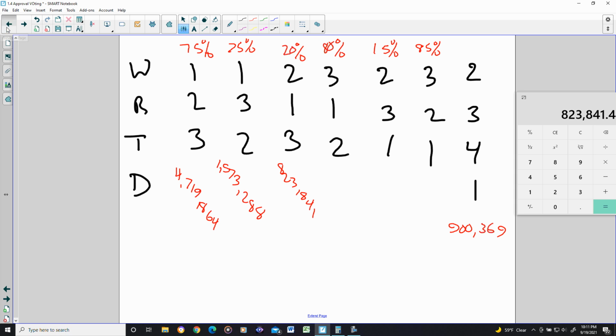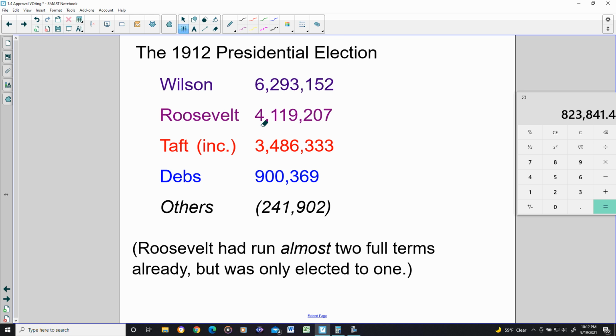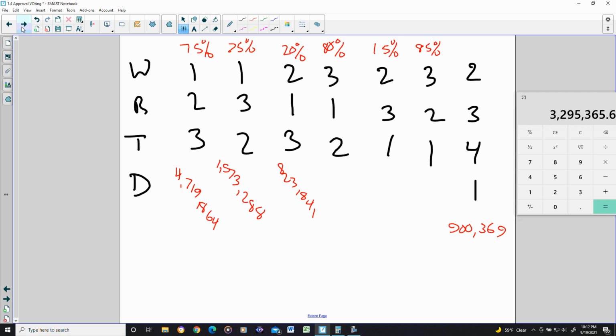We don't have to worry about losing half a vote or anything like that, because we know that percentages are generally rounded anyway. And then finally, 4,119,207 times 0.8 is 3,295,365.6, so 3,295,366.